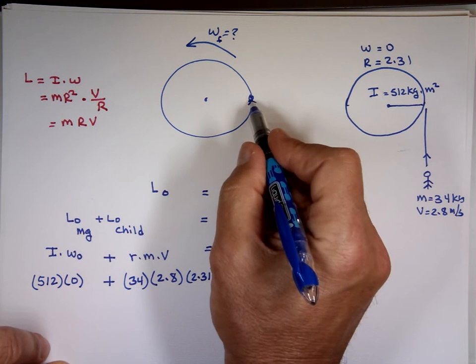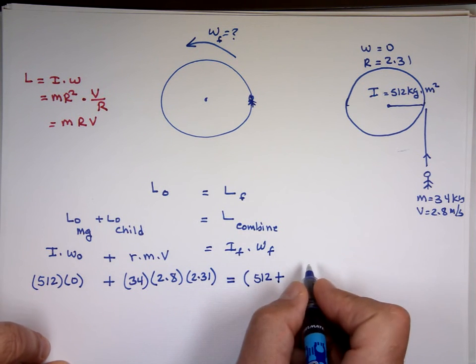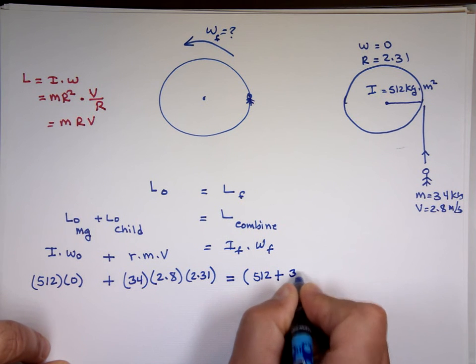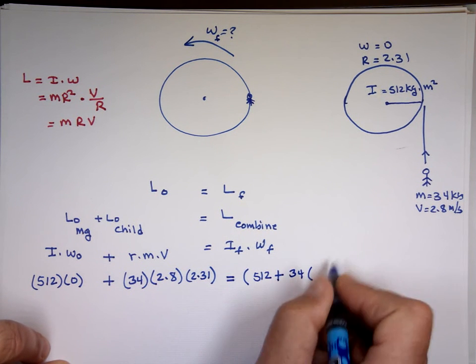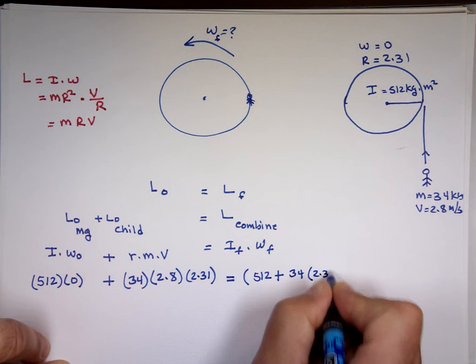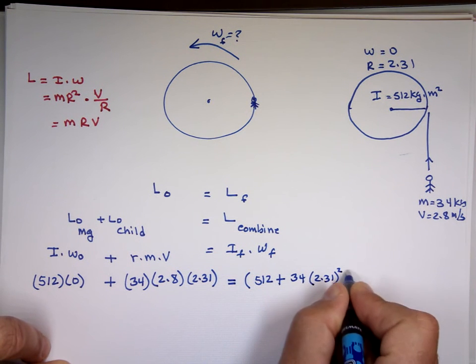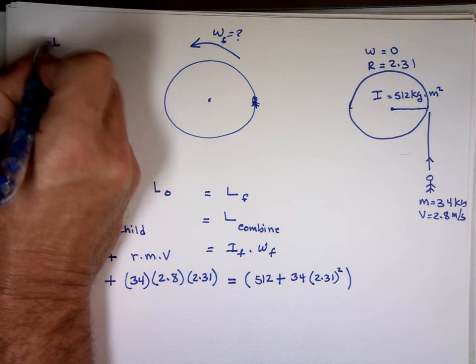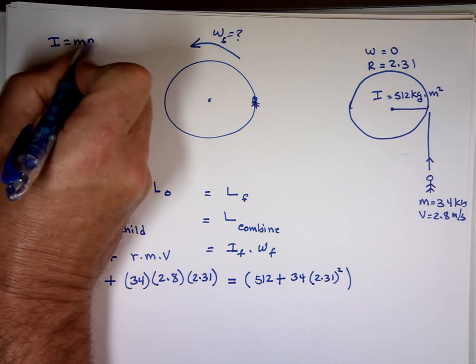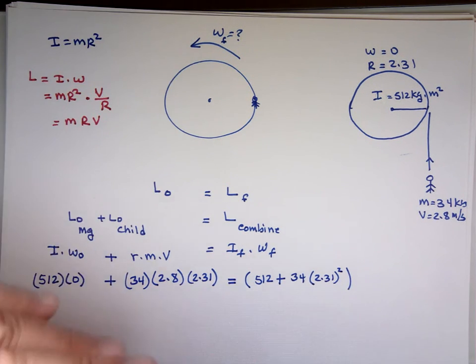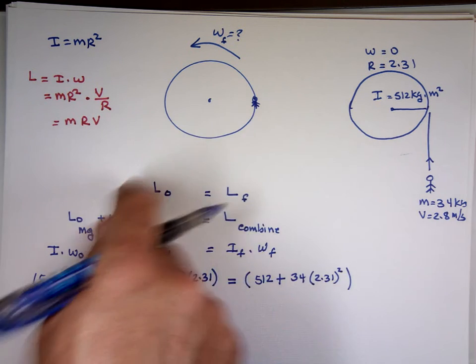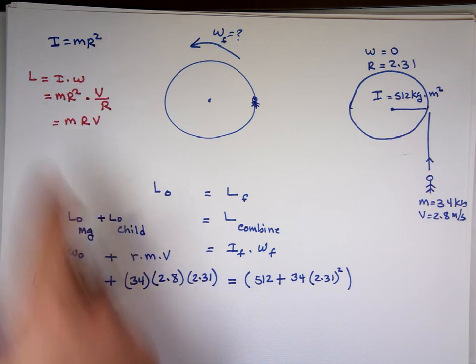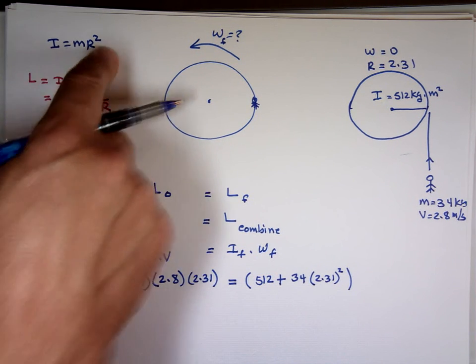The mass of the person is 34 times r, which is 2.31 squared. Inertia is m r squared, unless you want those special pieces, like the hoop or the sphere, 2/5 and all that. But inertia is a summation of m times r squared. We know the mass of the person, we know what r is.